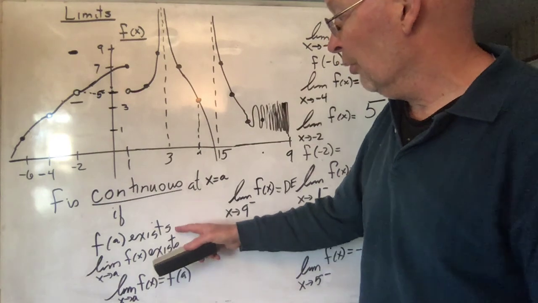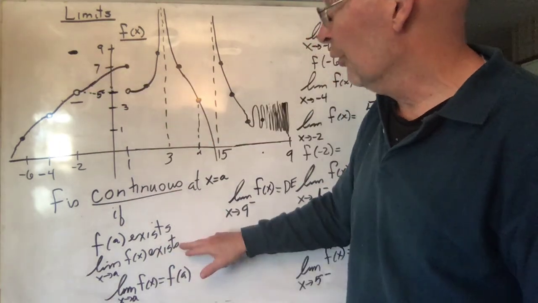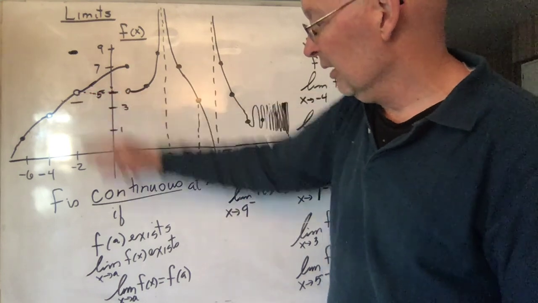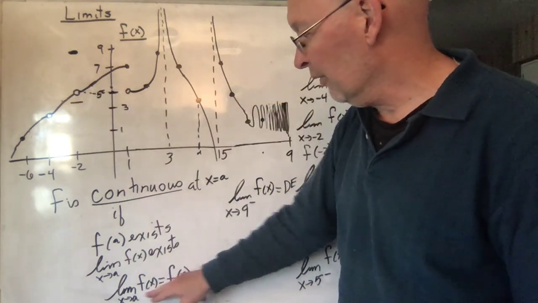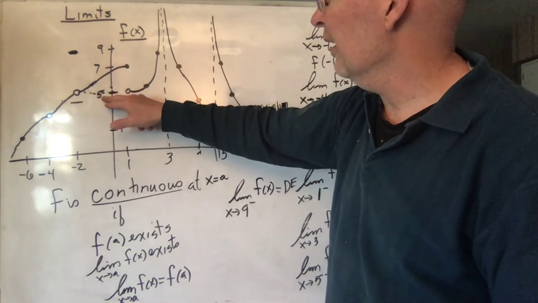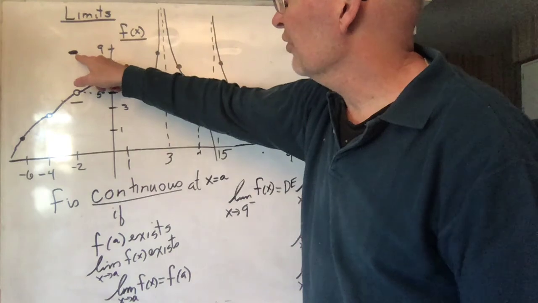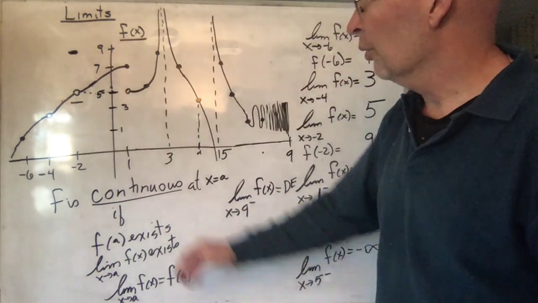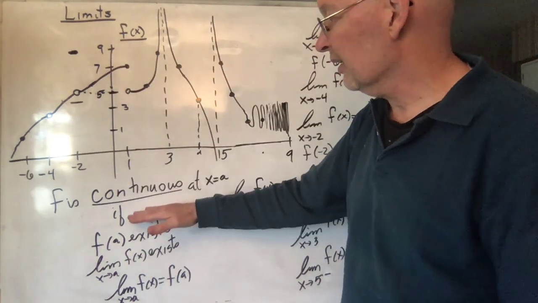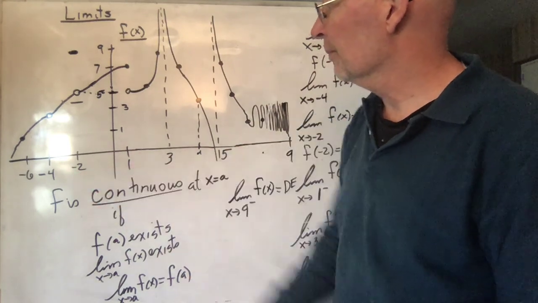Because even though the function exists, there's the value of the function, and even though the limit exists, the limit is not equal to the value of the function. The limit is 5, and the value of the function is 9. So they're not equal, so it's not continuous. We say it's discontinuous at -2.